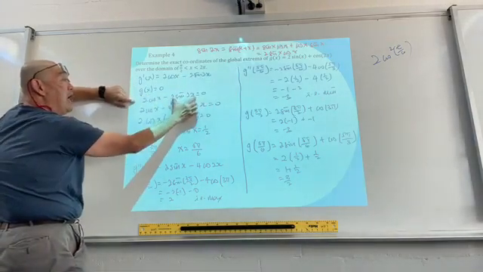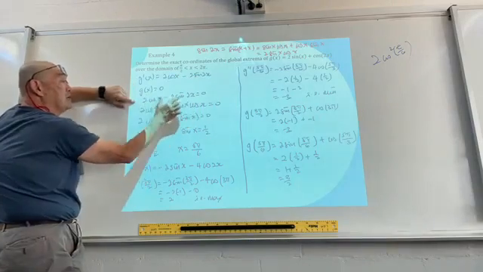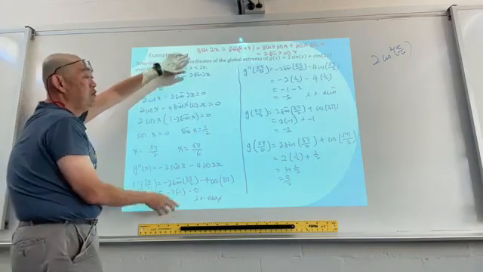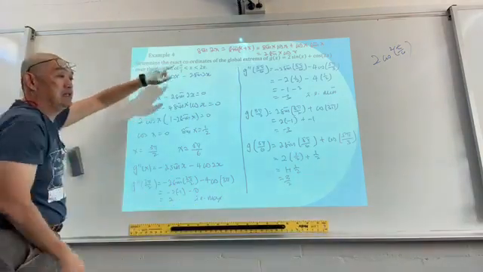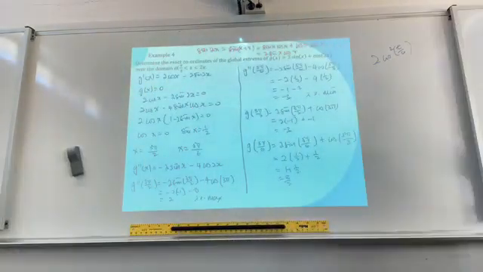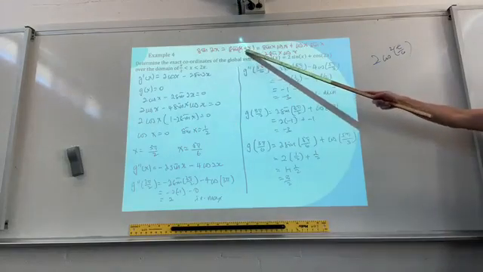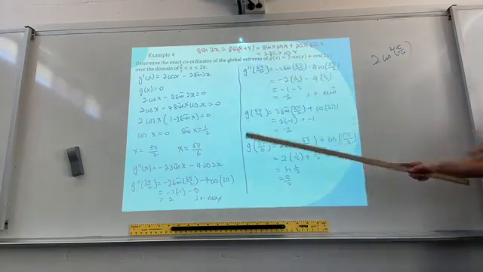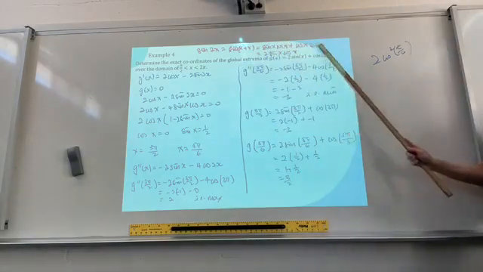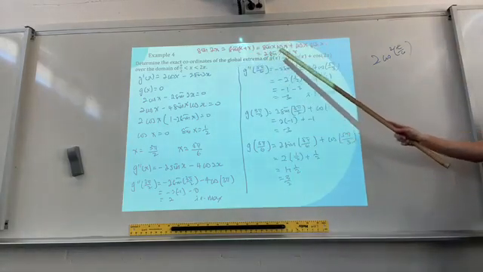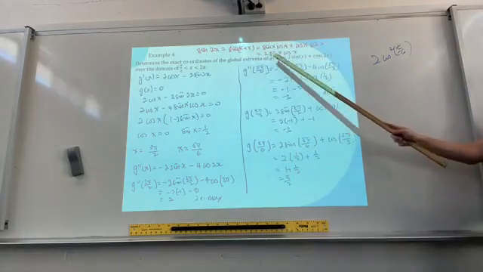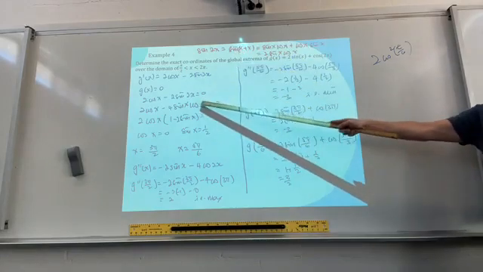How do I actually work that out, sine 2x and cos x? So therefore, you really need your knowledge from last year, which is your angle sum. Sine 2x is sine(x plus x). So therefore, it is sine x cos x plus cos x sine x, which means you get 2 sine x cos x. Alright, that is important. You need to recognize that.